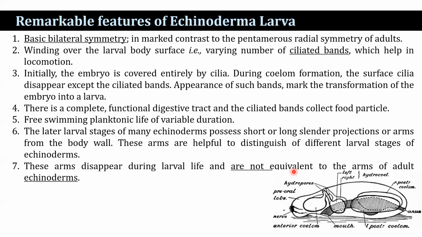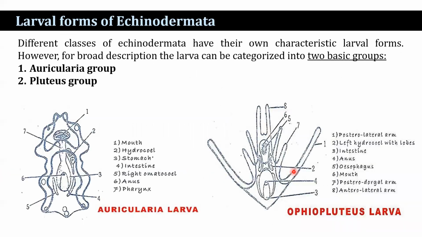After termination of free-swimming life, the bilateral larva undergoes rapid metamorphosis and transforms into a benthic, radially symmetrical adult form. Different larval forms are found in different groups of echinoderms, and different classes of Echinodermata have their own characteristic larval forms.